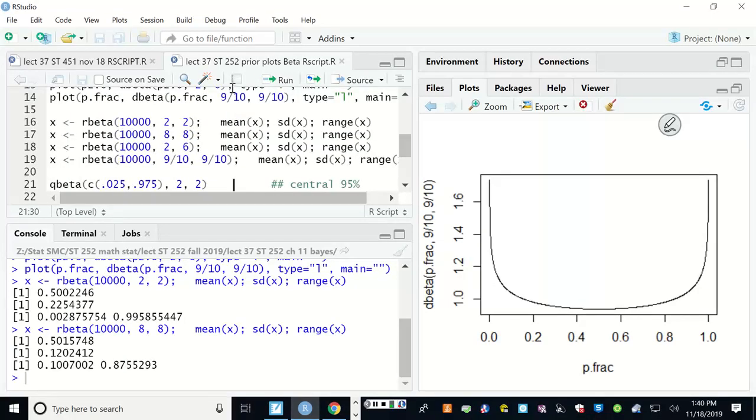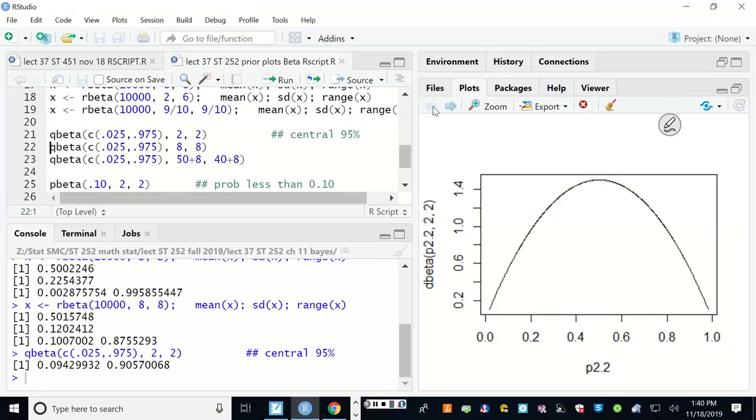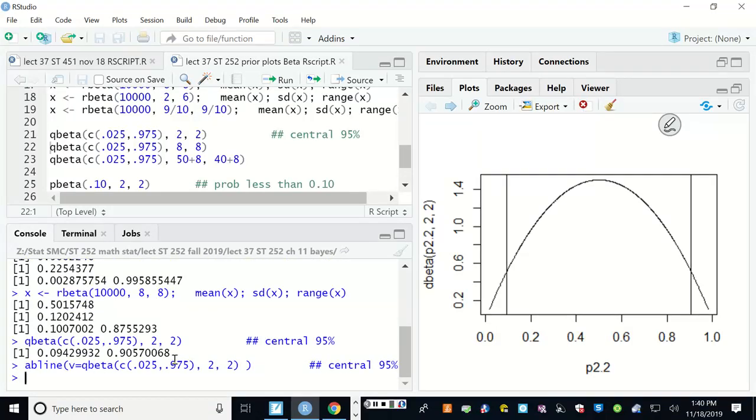You can also get the central quantiles. Let me go back a couple plots to the 2-2. Here's the 2-2. You can get the quantiles at the 2.5 percentile and the 97.5 percentile. So for this distribution, we can look at those. We could even make a vertical line with abline at these couple of points. And between those is 95% of this probability distribution.